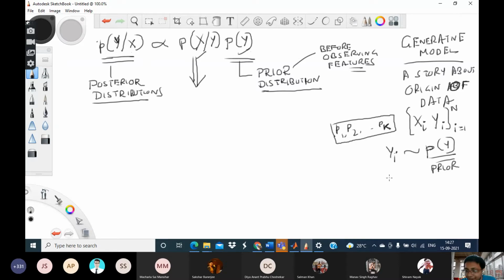Now based on that, the features were created. That is, xi was then chosen based on a particular distribution called x given y.